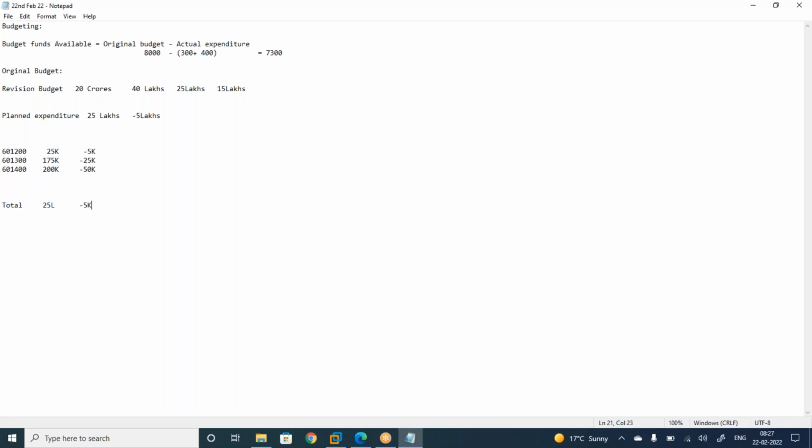Suppose I am running a cloth business, or I am purchasing and selling electrical fans and electrical items. Then I need to decrease this one. So this is called revision budget.